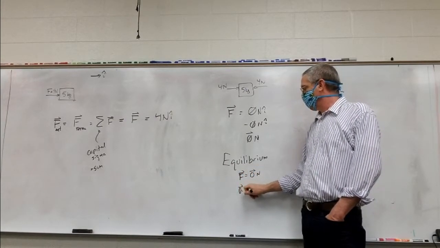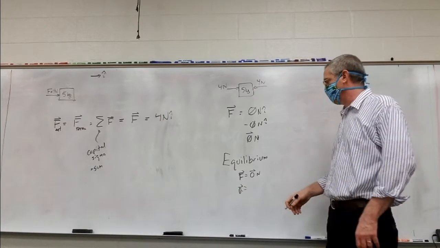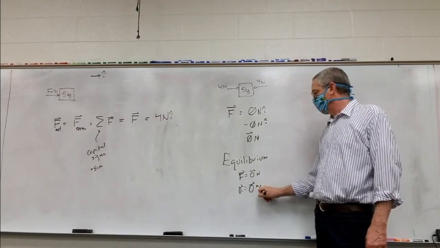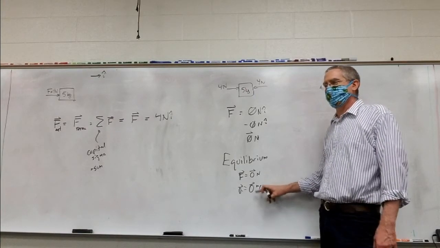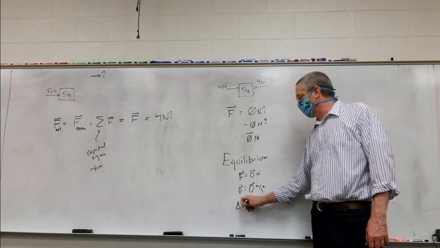Or, since force and acceleration go hand in hand, as will definitely be talked about later, acceleration is also 0. So the total force is 0, acceleration is 0, and vice versa. I mean, if one's true, the other one's true. And if acceleration is 0, there's no change in velocity.